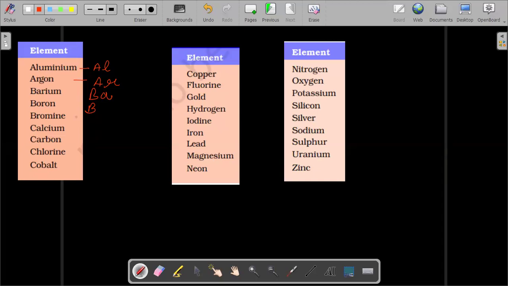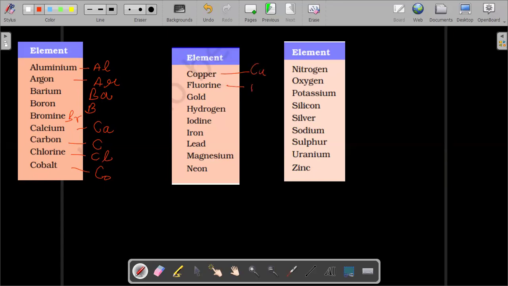Bromine is Br, calcium is Ca, carbon is C, chlorine is Cl, cobalt is Co, copper is Cu.